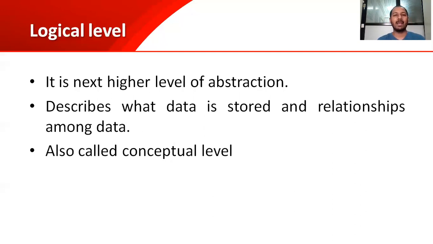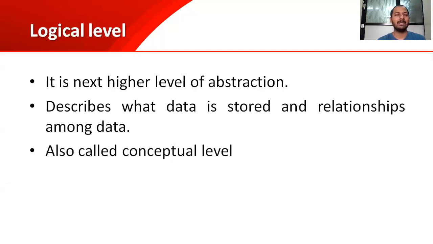Suppose I ask, what are the marks got by roll number 5? I'm not able to get everything in table 1. I have to check in table 2 how many marks are got by roll number 5. So this is called relationship among data. Data in table 1 has some relation with data in table 2. Whatever I just described is called conceptual view or logical view.